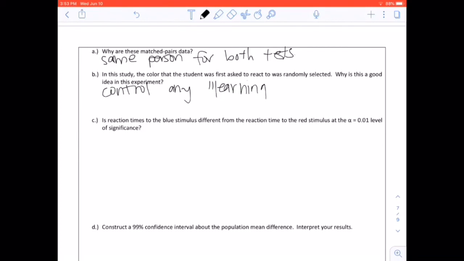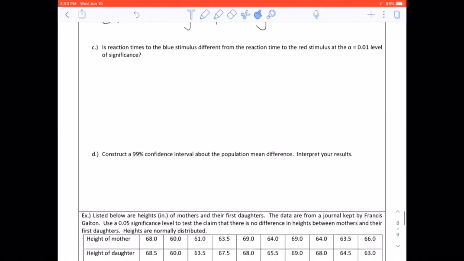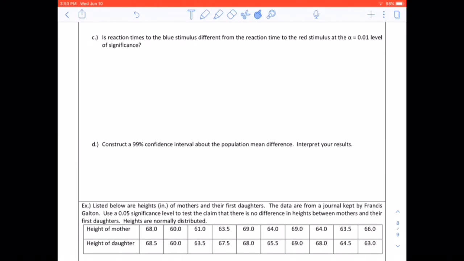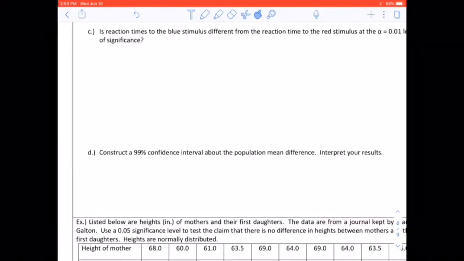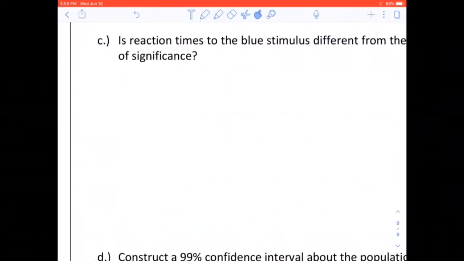Part C asks, is reaction time to the blue stimulus different from the reaction time to the red stimulus at the alpha equals 0.01 level of significance? So this is asking us to perform a test. In order to perform a test, you always need to write down your null and alternative hypotheses. So H0 and H1.